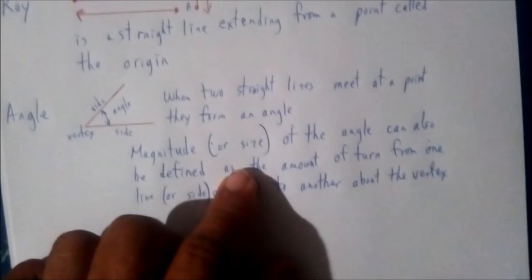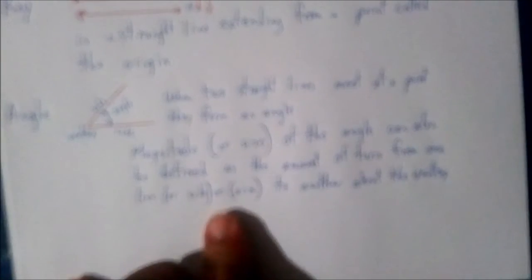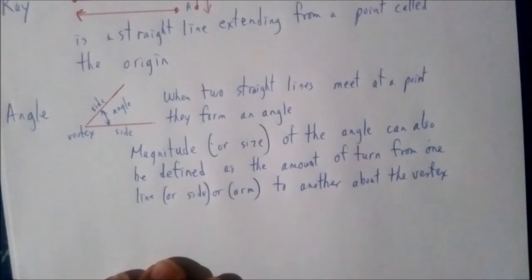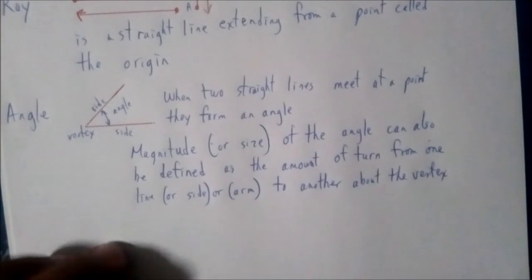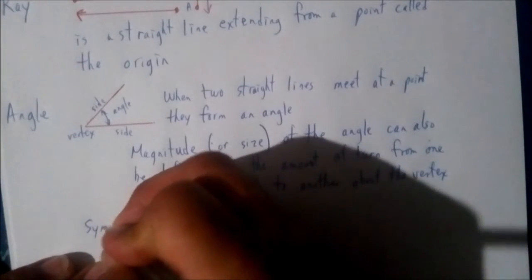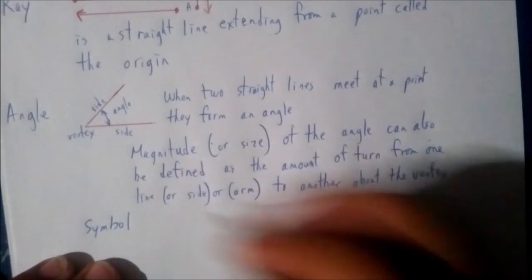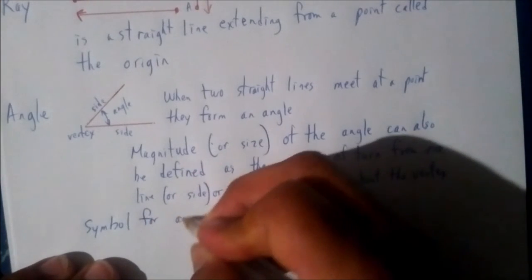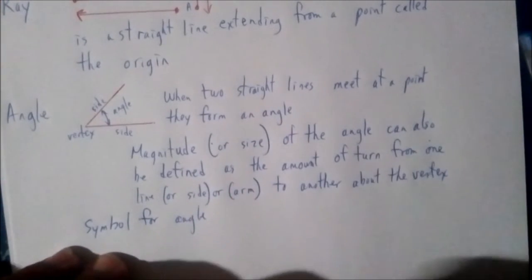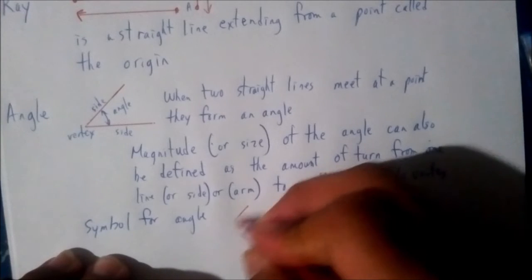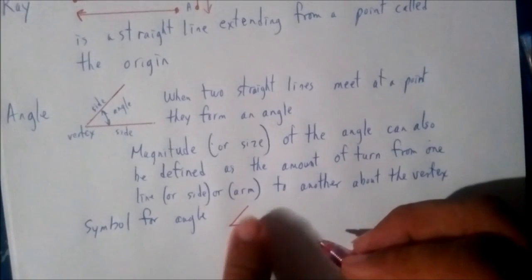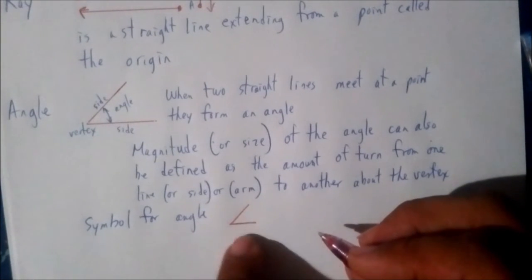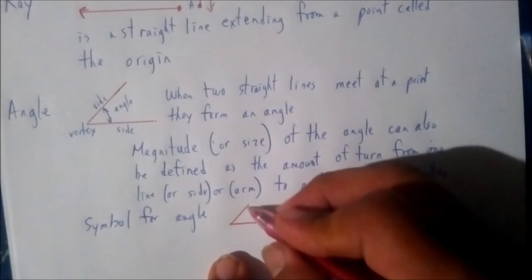Okay, now, is there a symbol for an angle? Yes, the symbol for angle, let me write here, the symbol for angle is as follows. That's the symbol for the angle. This means angle.